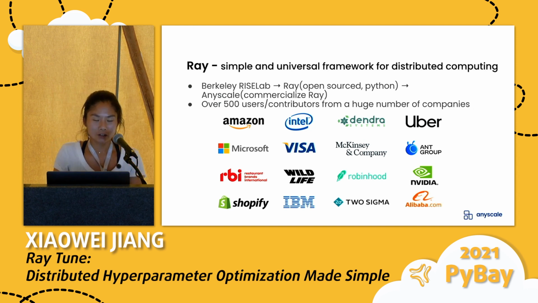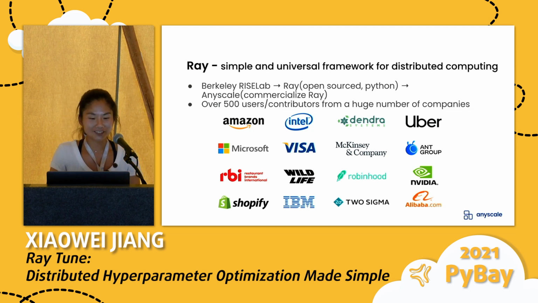Over the years, Ray has really come a long way. In fact, there are over 500 users and contributors from a huge number of companies. For example, Ant Group is deploying over 200K cores over Ray for applications like recommendation system, fraud detection, and online learning.